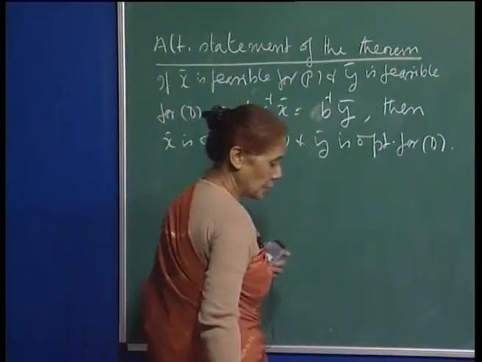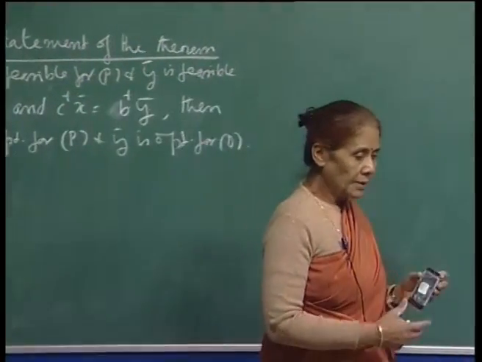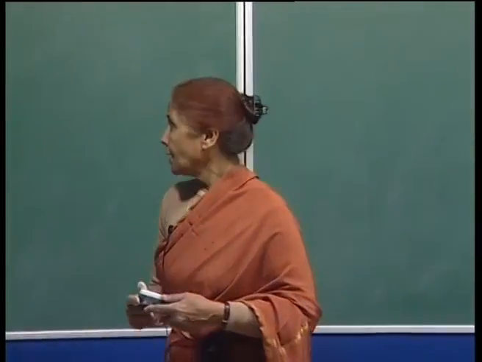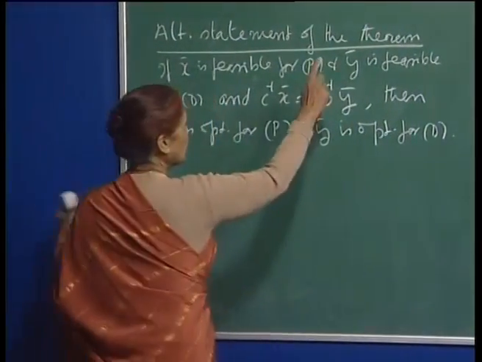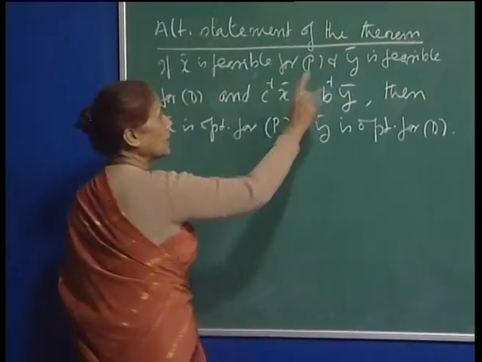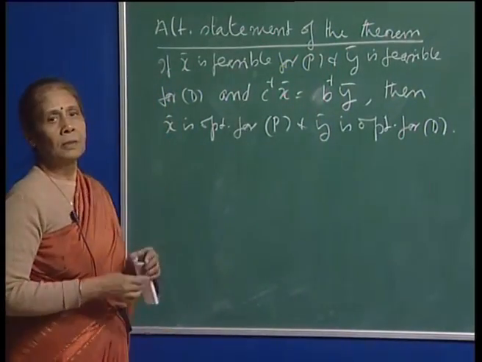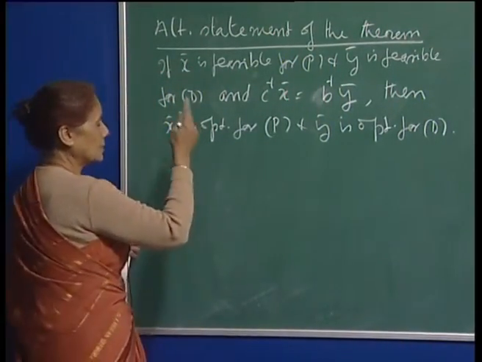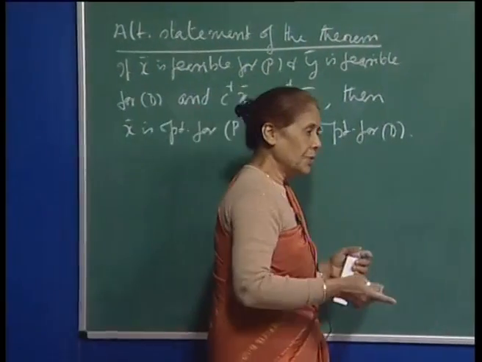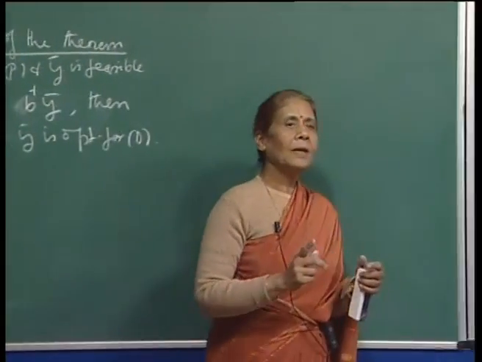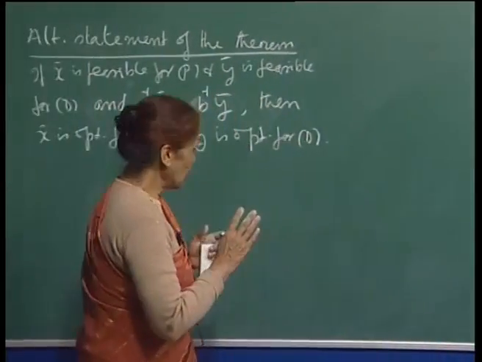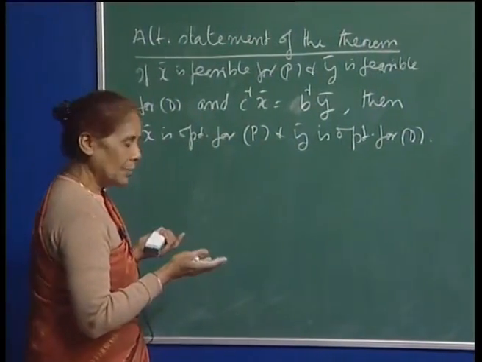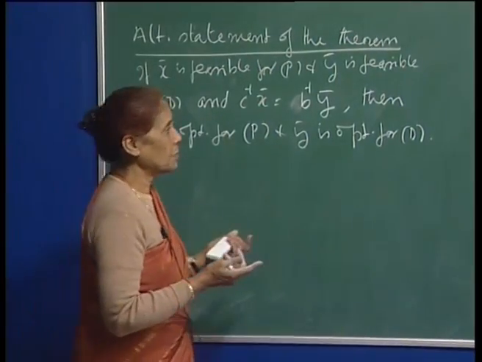Now, again there is not much difference, because remember, if x bar is feasible for P and y bar is feasible for D, from your weak duality theorem, what did we say? That if P is feasible and D is also feasible, then D cannot be unbounded, and similarly, P cannot be unbounded. So, both the problems are not unbounded, because both have a feasible solution.